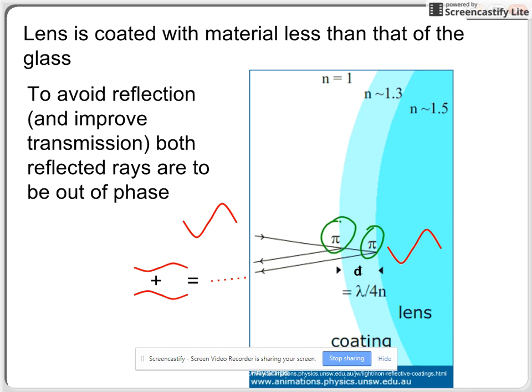So both of the waves coming out, there's been no phase change between the two of them because they've both undergone the same phase change of pi. But what we're after for maximum transmission going in that direction, you actually want minimum reflection, so you get destructive interference on the way out, which means you've got this non-reflective coating.